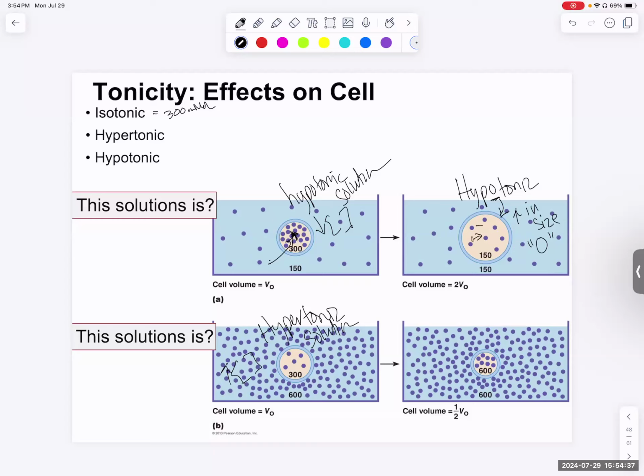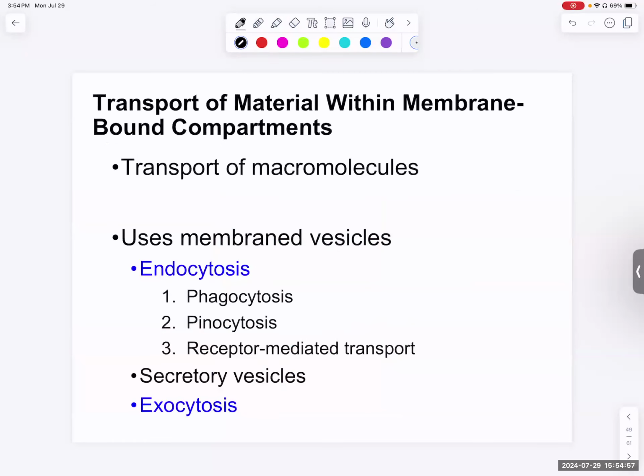So they separate the same distance. If it's hyper, it's really highly concentrated, what's going to happen here is fluid is going to move out of the cell, and the cell is going to shrink in size. And so that's the effect of the tonicity of a solution.